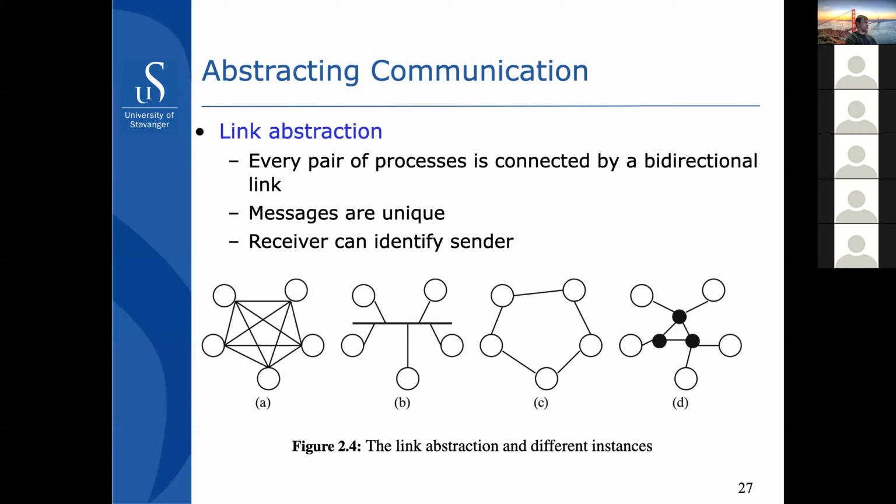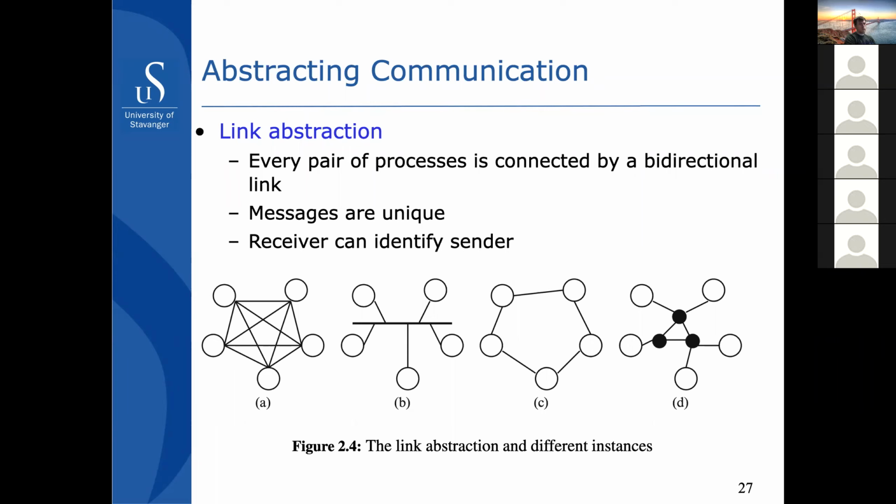So the next chapter is about link abstraction, or communication abstraction. In this book, for all algorithms that we will talk about, you can assume that there is a link between the processes on which they can communicate. You don't need to worry, for most of the algorithms at least, about how the topology of the network is built.